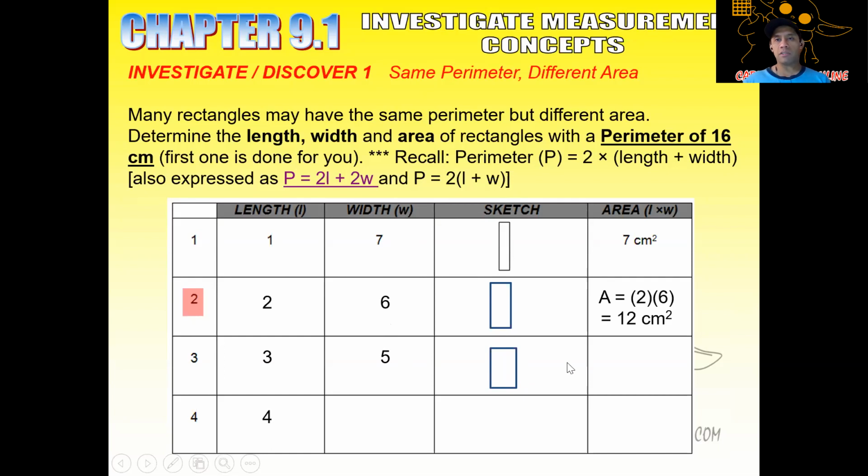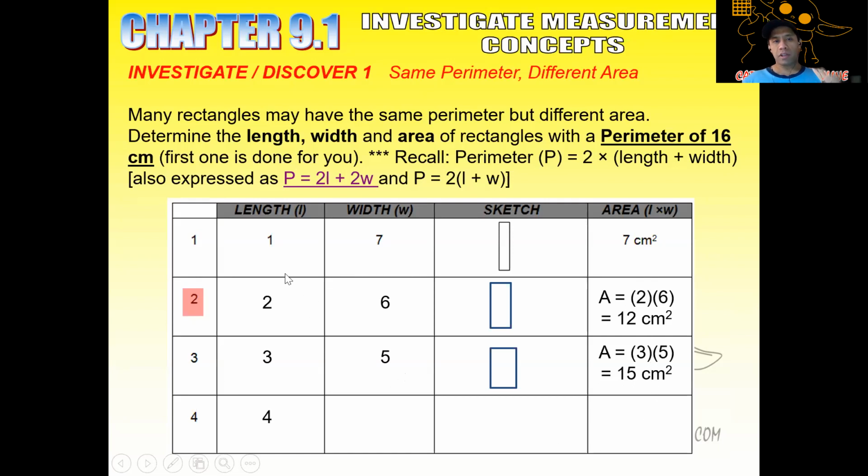I'm just drawing that for the people that want to see it. Then when we multiply these two numbers together, we have 3 times 5, which gives me 15 square centimeters. What you can see with the area is that the general pattern is that the area is increasing as we go down this chart.